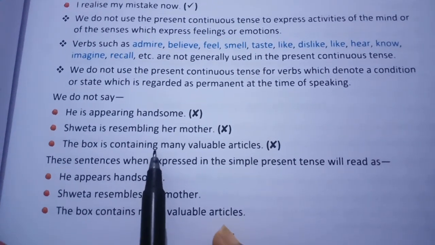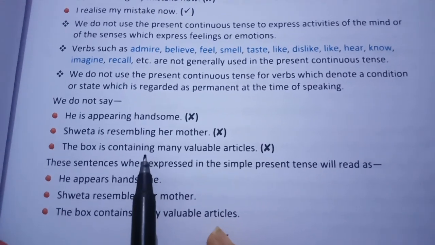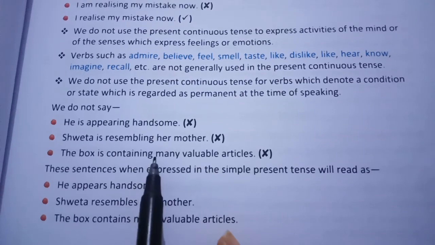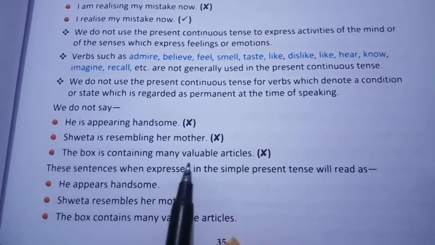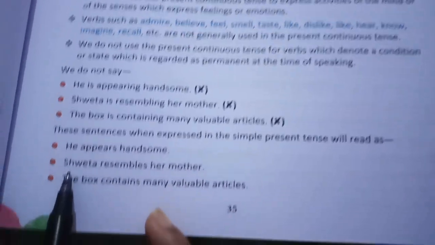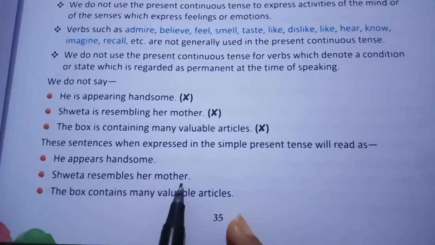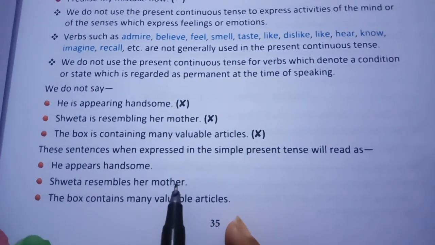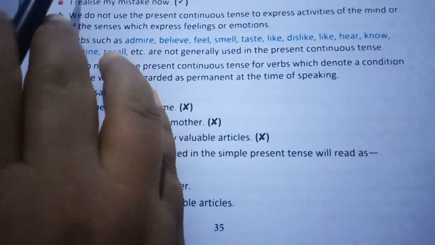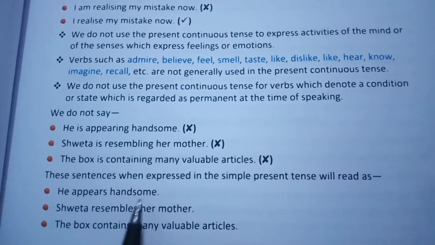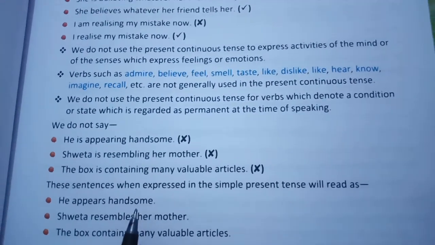She can resemble her mother throughout her life. So we don't use present continuous tense here. We use simple present tense, like Shweta resembles her mother. This part is very important. You will learn these verbs which will not be used in present continuous tense.